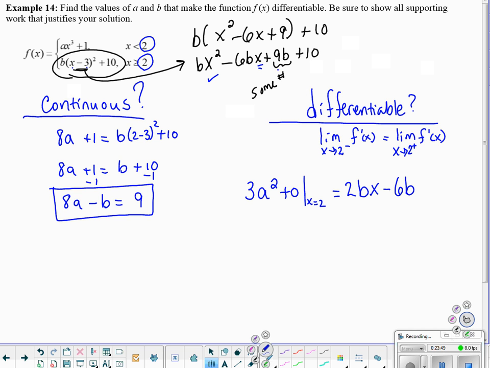The derivative of 9b, since this is really just a number, is going to be a 0, and the derivative of 10 will also be a 0, and I need to evaluate this at 2, since that's what my limit was. Okay, 2 goes in for x. This will stay at 3a squared, I guess. 2 goes in for x. I'm going to have 4b minus 6b. That's a negative 2b equals 3a squared.